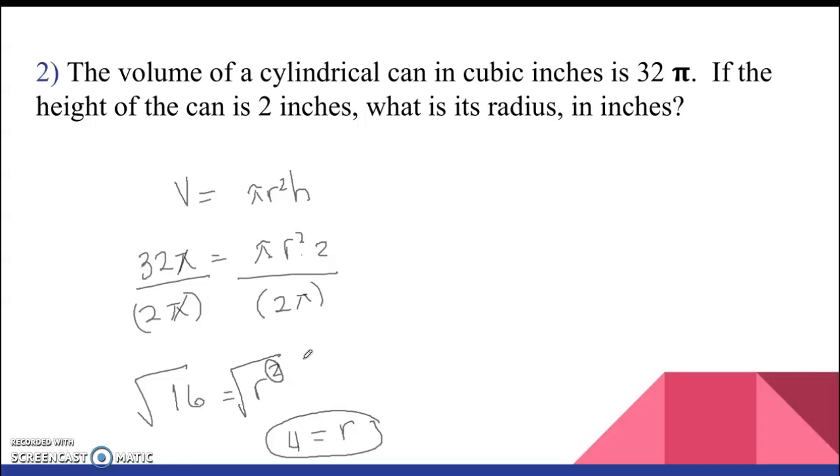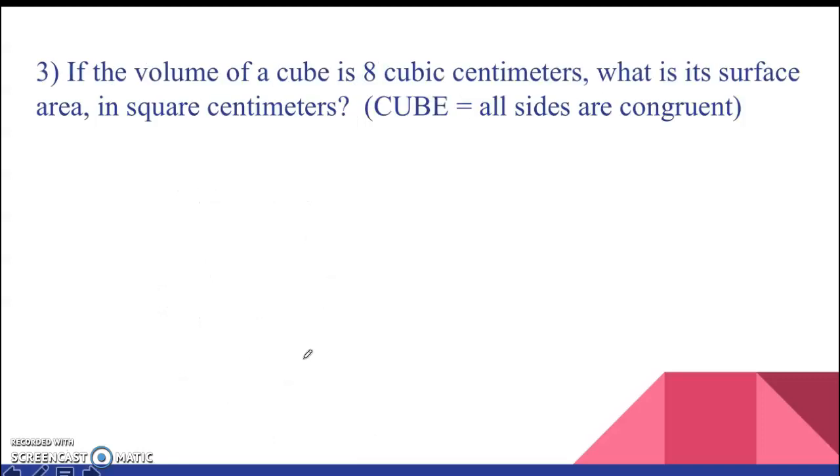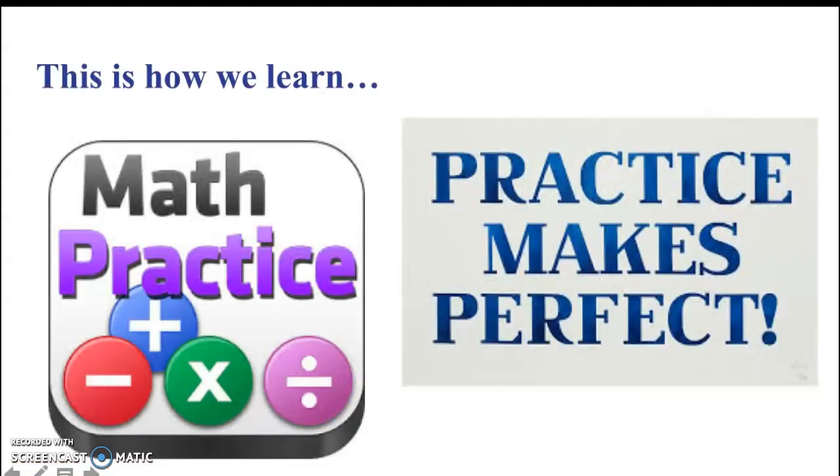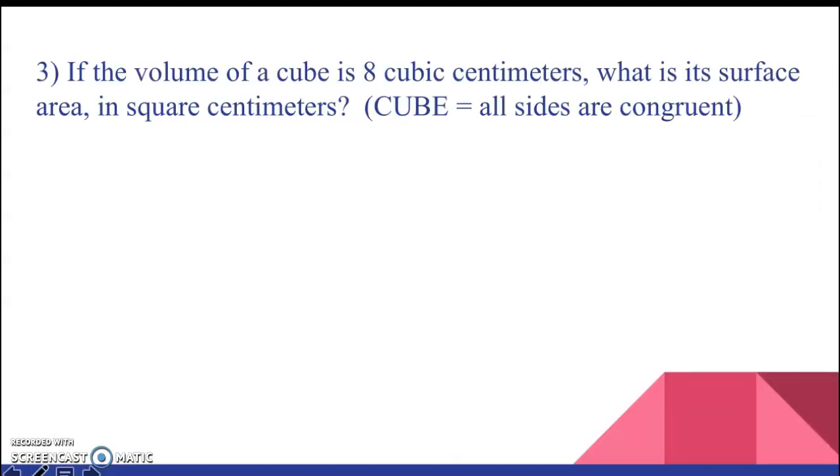Our final example is those more complicated questions where it says if the volume of a cube is 8 cubic centimeters, what is the surface area in square centimeters? Now we all know that when we're finding the surface area of a cube, all the sides are congruent, so surface area of a cube is equal to 6 times the side squared.